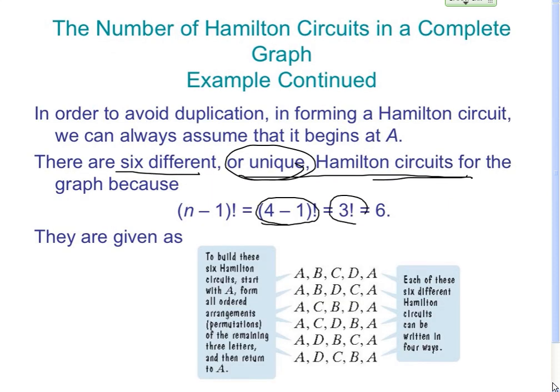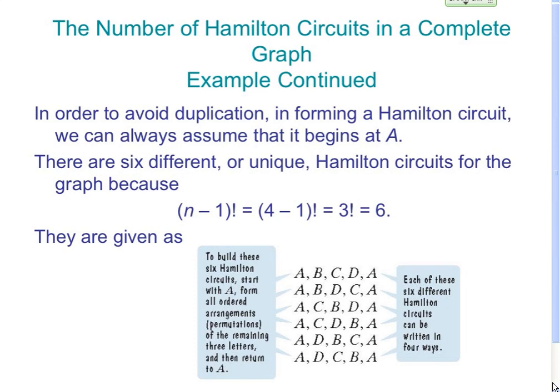Factorial is 6. So these are the 6 distinct Hamilton circuits. And remember, each one can be written in a different way depending on which vertex we start with, but for simplicity's sake, we're always going to start with A.